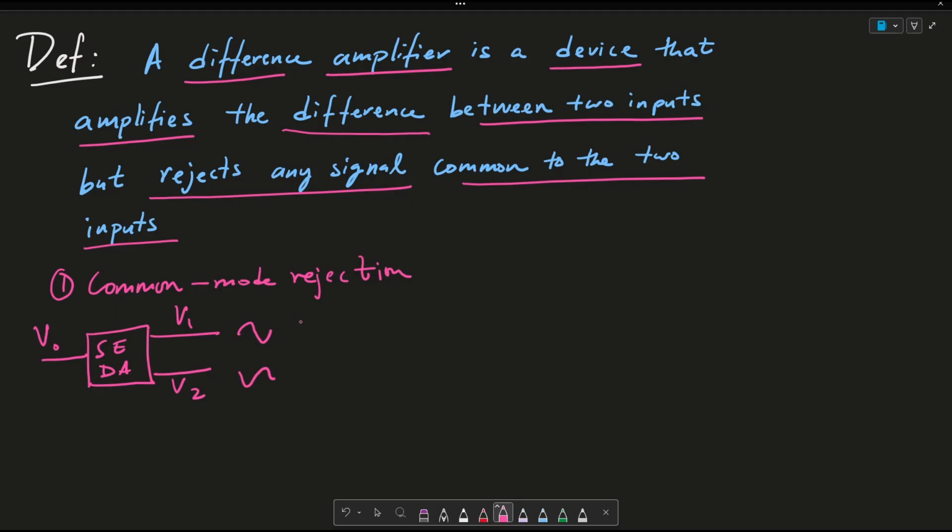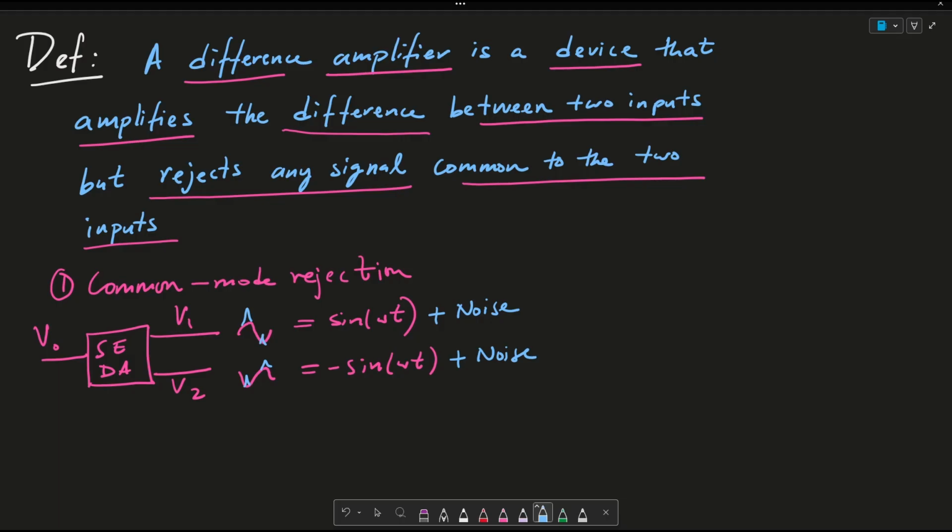So you can say that V1 is sine omega t, and V2 is minus sine omega t. If we consider that there's noise in my signals, so let's say a spike here and a spike here, there's also going to be a spike here and a spike here.